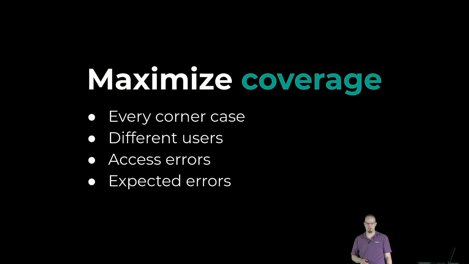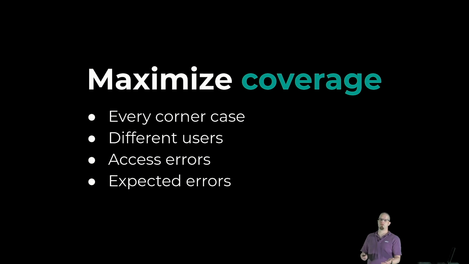The last thing I want to say is you have to maximize the coverage of your tests. This is something that we are often a bit short of. The goal of maximizing coverage, of course, is to cover as many possibilities, as many cases as possible.